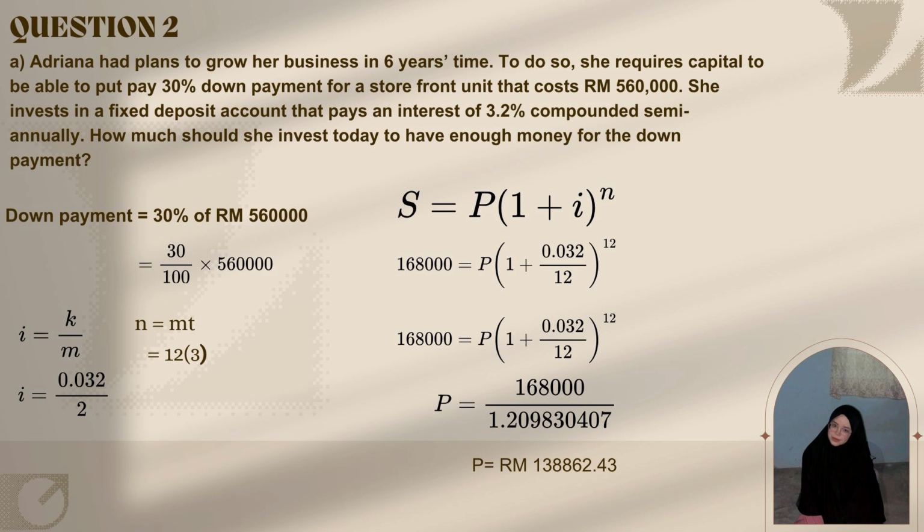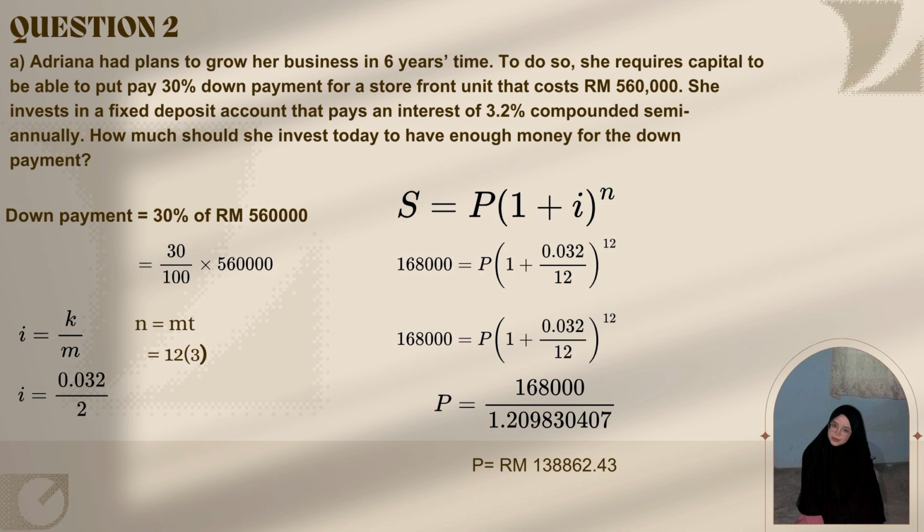For the next calculation, i is 0.032 divided by 2, and n is 2 times 6, which equals 12. The formula used is S equals P times (1 plus i) to the power n. So S equals 168,000 ringgit equals P unknown, times (1 plus 0.016) to the power 12.